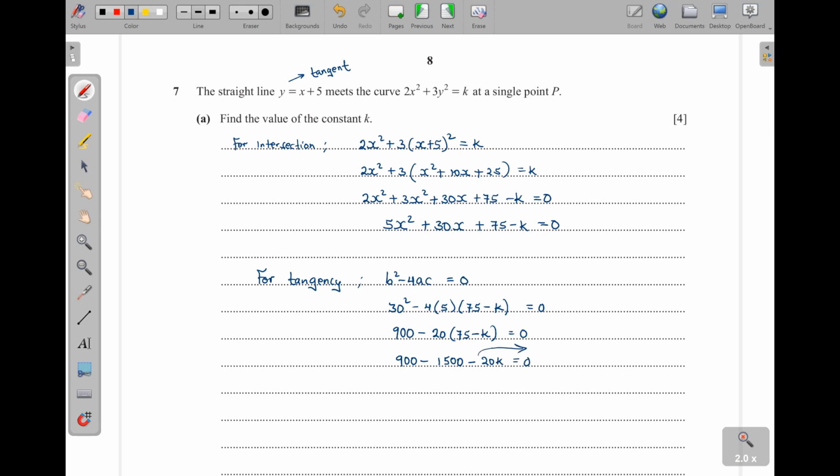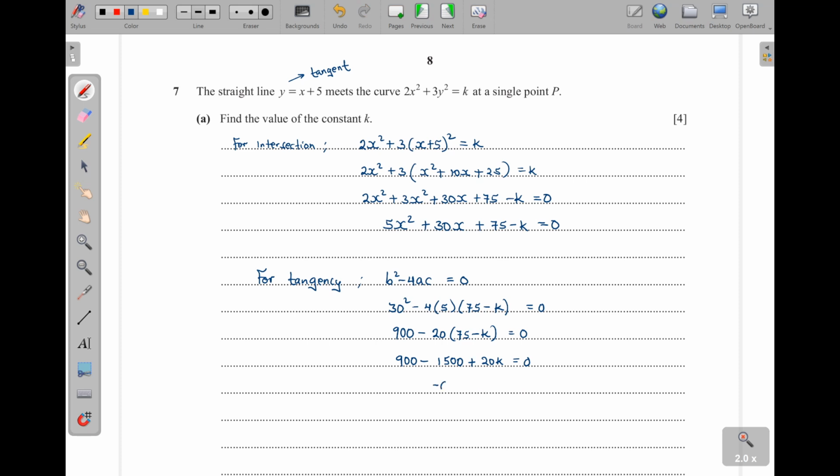So I will take this on this side to be a positive. So we shall have 20k, which is equivalent to 900 minus 1,500. So 9 minus 15, that's a negative 6, right? By the way, this one is positive. Pardon me here. This is a negative times a negative, you get a positive. So this has to be positive there.